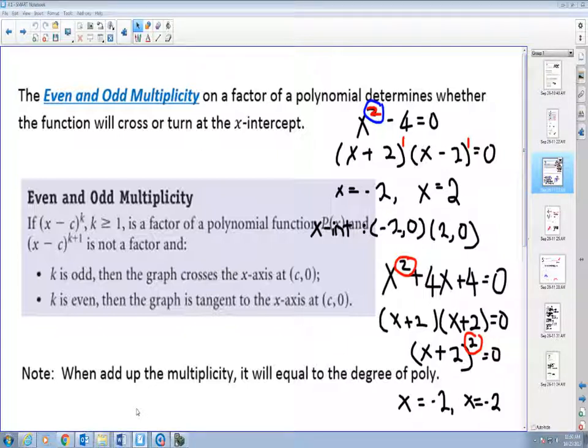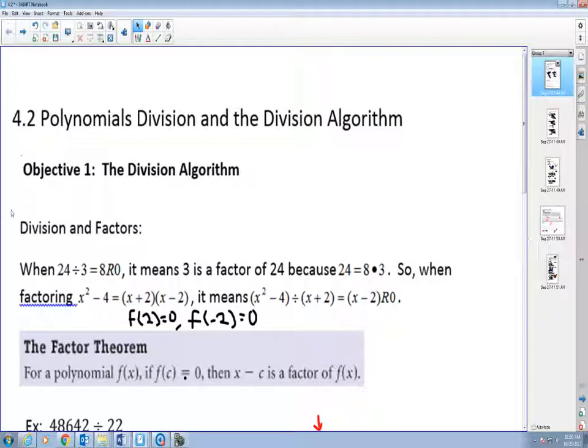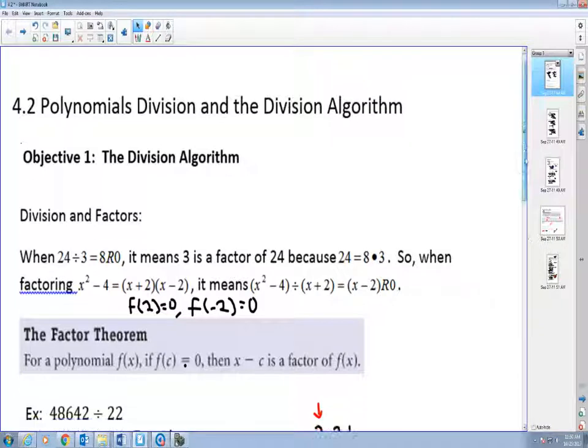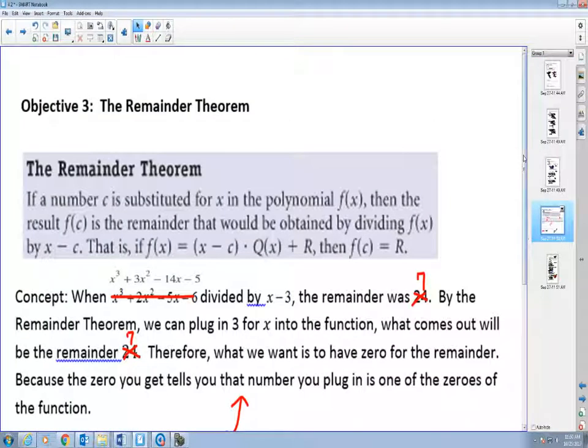In 4.2, we begin talking about the division algorithm, okay, long division and synthetic division. I mentioned the idea of the factor theorem, and we relate the factor theorem with the remainder theorem.